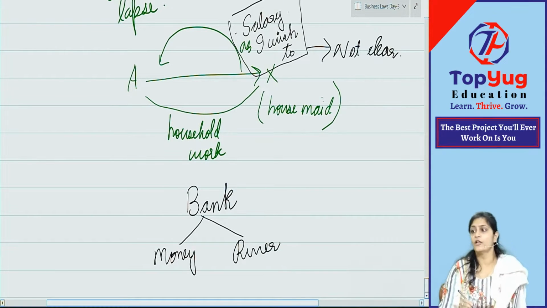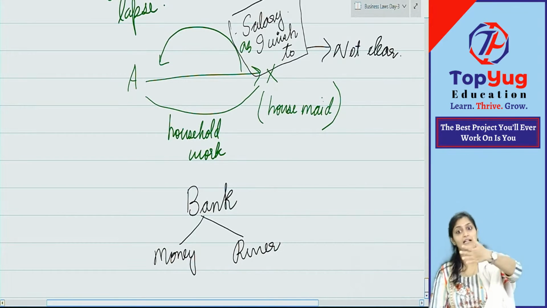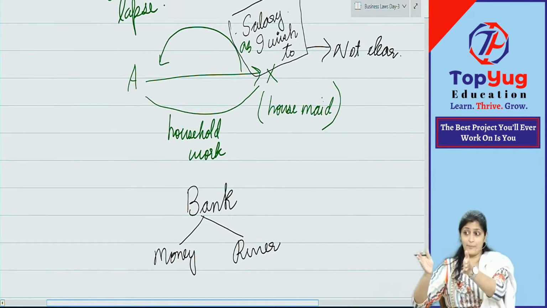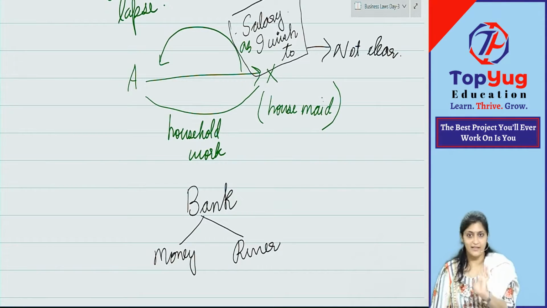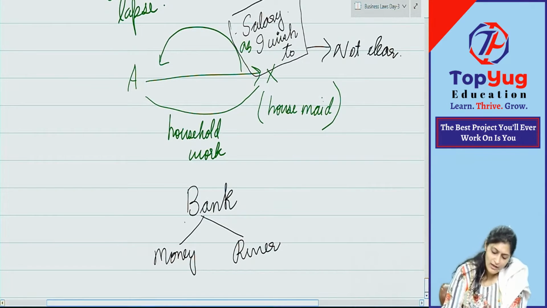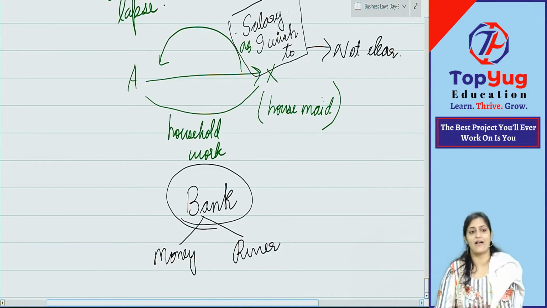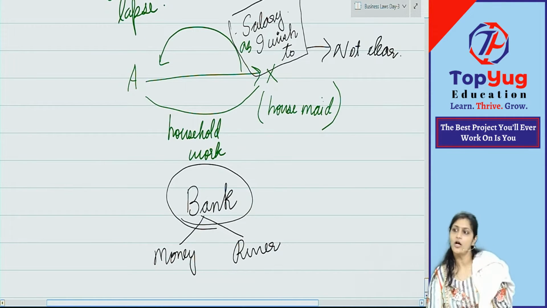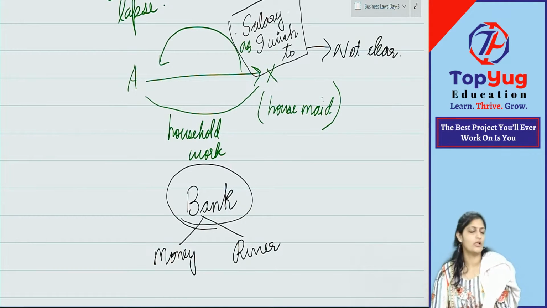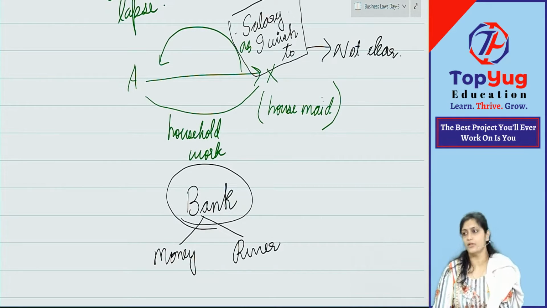Which bank am I telling? If in that place you have a river bank and a money bank, then will there be confusion? Therefore, whenever there are words which have two meanings, they are to be used carefully in the terms of the offer so that there is no confusion in the minds of the parties.